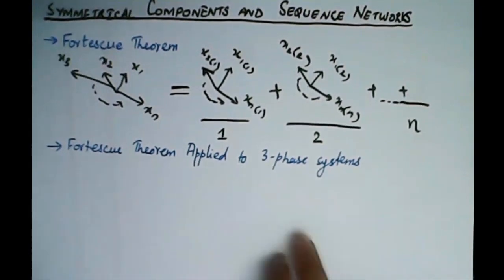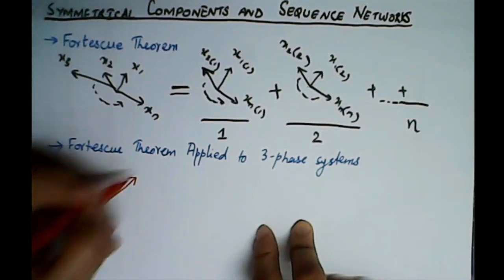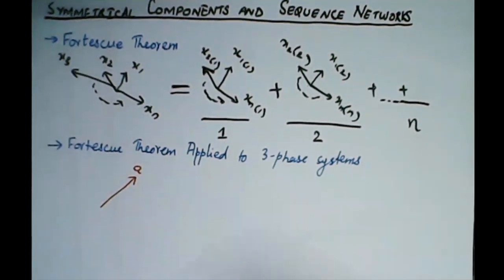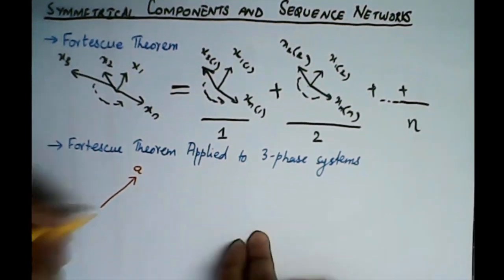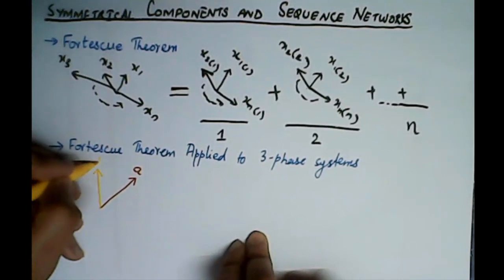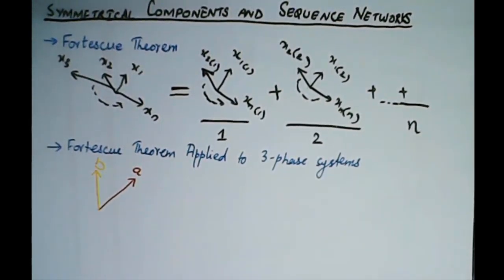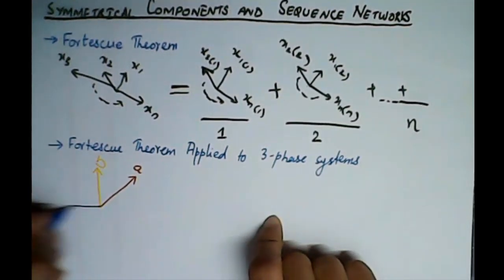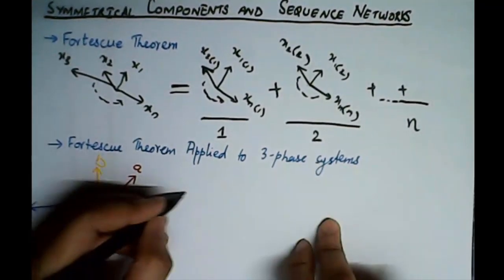Let's say I have phasor A as red, then I have phasor B as yellow, and I have phasor C as blue. Now here you can clearly see that these are unbalanced phases.